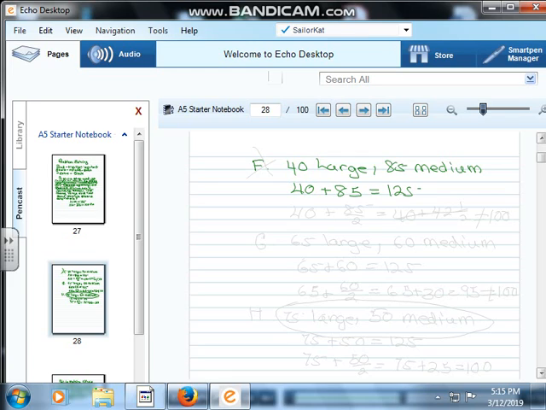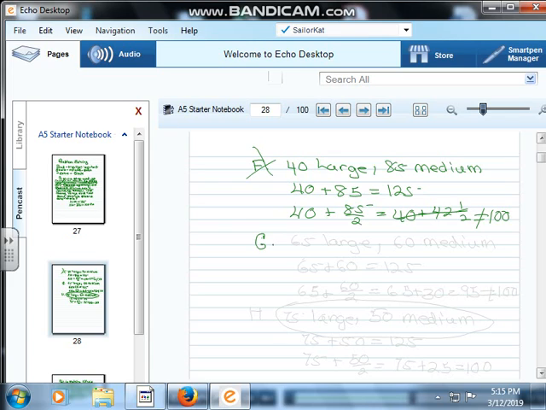Now I'm going to check for pounds. So 40 plus 85 divided by 2 is equal to 40 plus 42.5. And that will not equal 100. So option F is out.